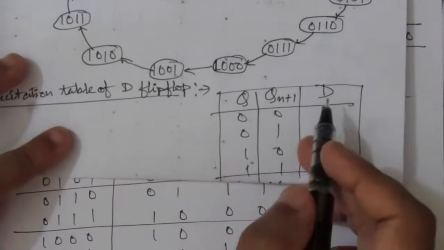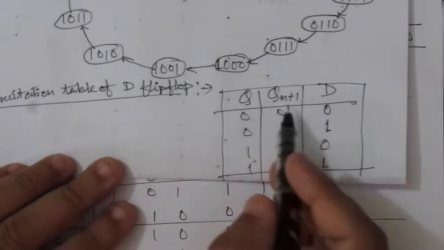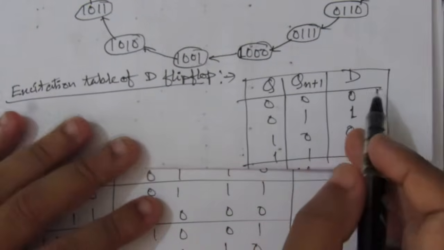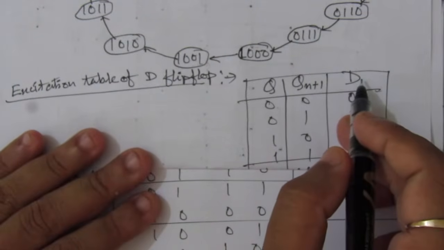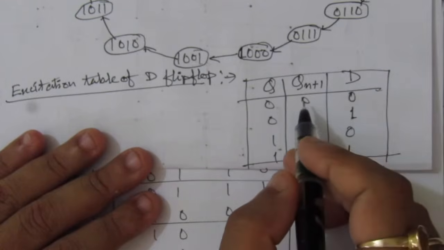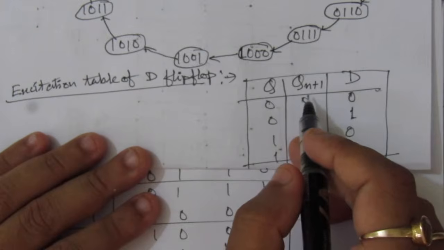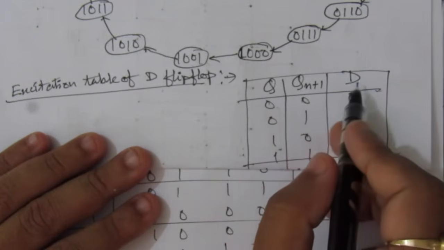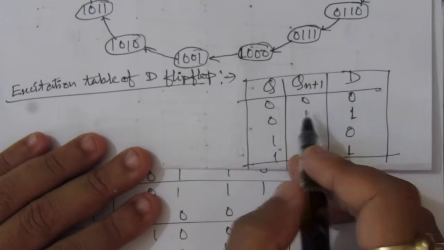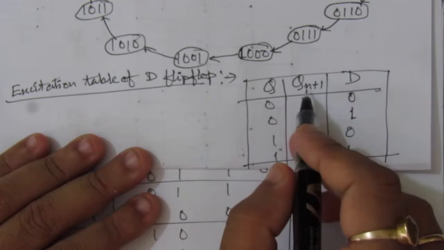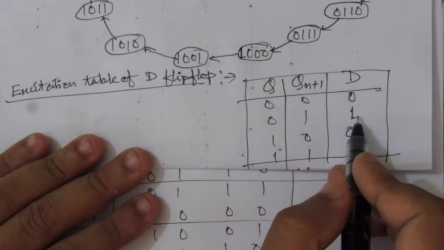For finding the D3, D2, D1 and D0 values, we have to use the excitation table of the D flip-flop. Here the D input is equal to the next state output. That means for making the next state output 0, we apply 0 at the D input, and for making the next state output 1, we apply 1.